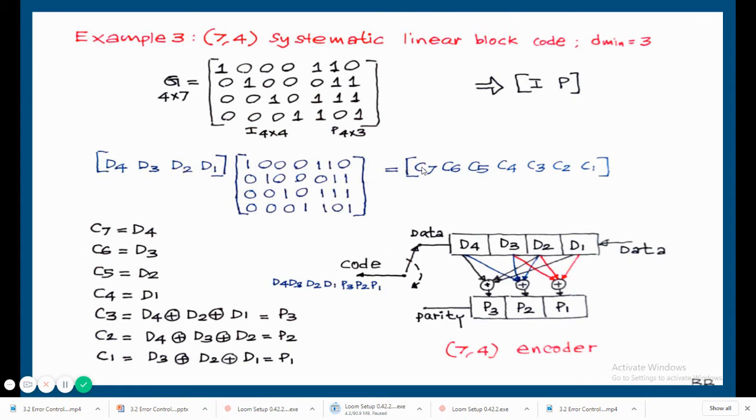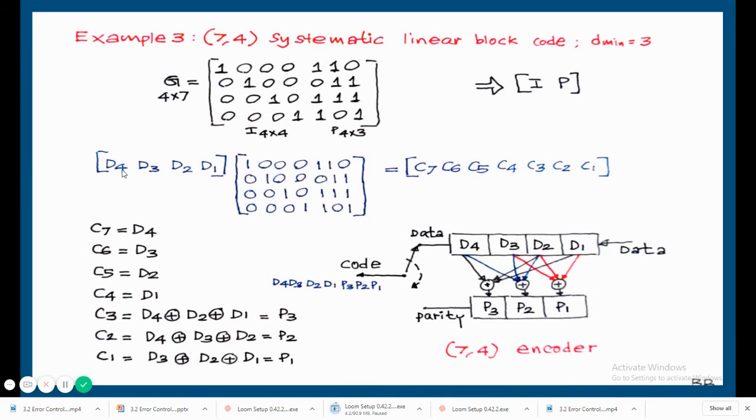The product is a 7 bit code, that is C7 to C1. Out of the 7 bits, the leftmost 4 bits are D4, D3, D2, D1 and the rightmost 3 bits are P3, P2, P1, the parity bits. So out of 7 bits, 4 header bits are data bits and 3 trailer bits are parity bits.